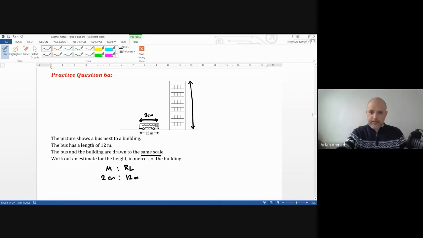Let's measure the building. I get 5 point. Is it exactly 5? It's a bit tricky to do on the screen. I get exactly 5 on mine. No, actually, it's not. I get just over 5.